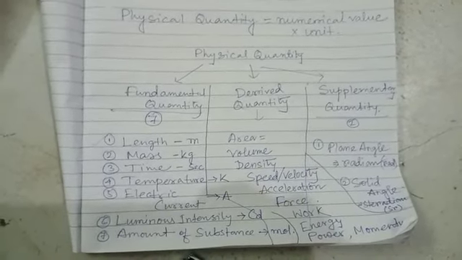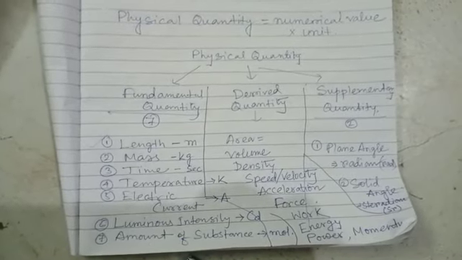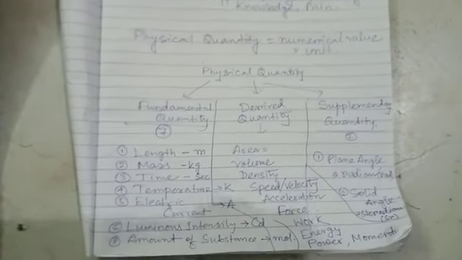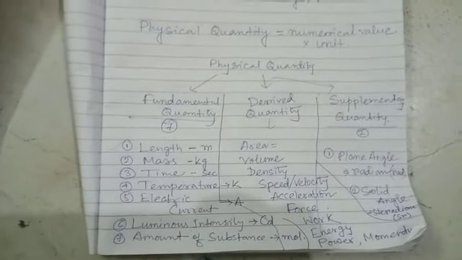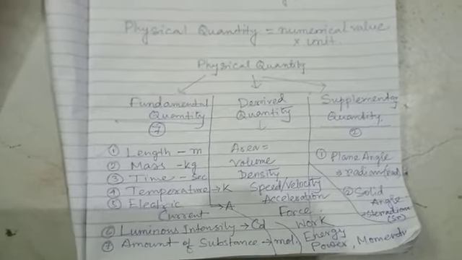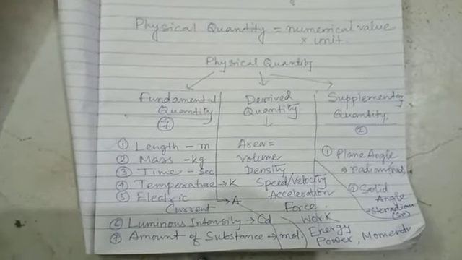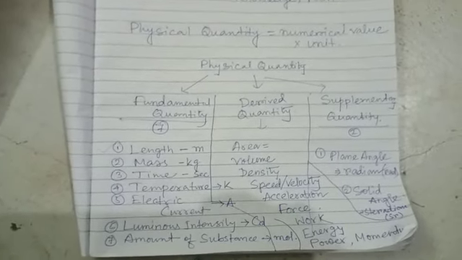They measure the temperature using degree Fahrenheit. Similarly, some countries use the CGS system, like France and other countries. They measure the length using centimeter, the mass using gram, and the temperature using degree centigrade.